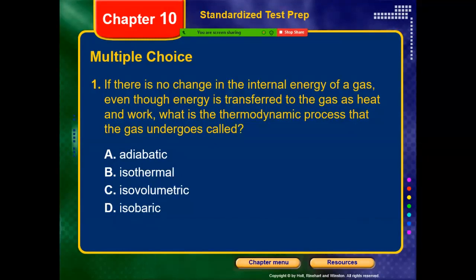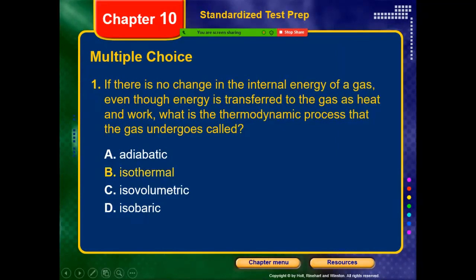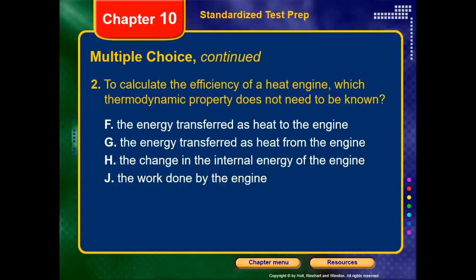Multiple choice: if there is no change in the internal energy of a gas, even though energy is transferred to the gas as heat and work, what is the thermodynamic process that the gas undergo called? طبعا هنا ما دام ما فيش change in the internal energy يبقى على طول هنختار ايزوثيرمال. ايزوثيرمال معناها انه isolated thermally، مفيش transfer for heat. خلاص. Let's go for the next question.